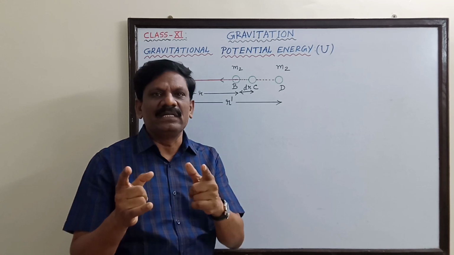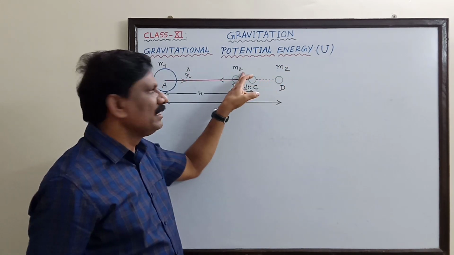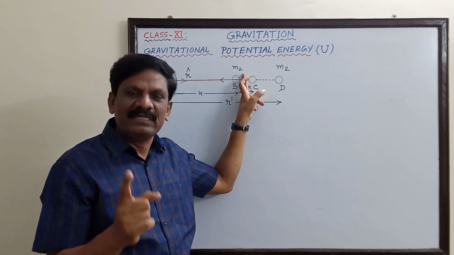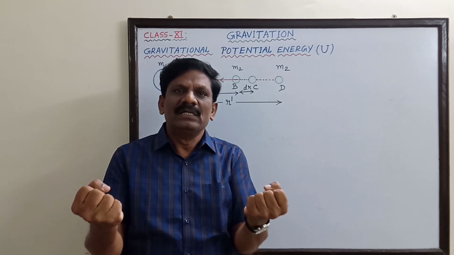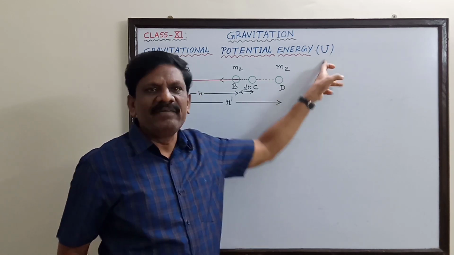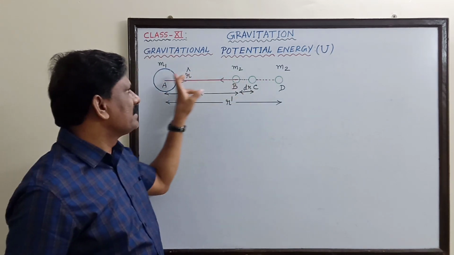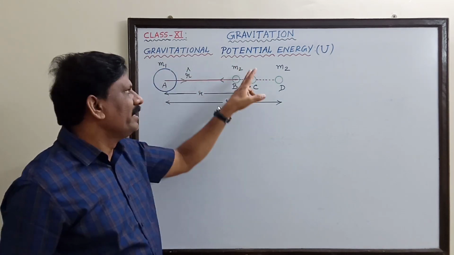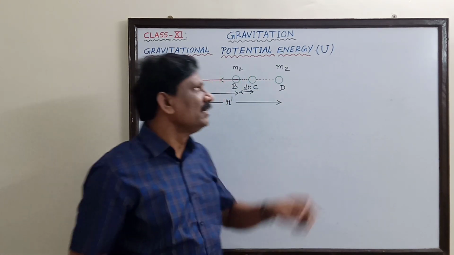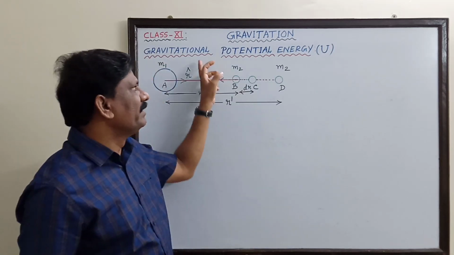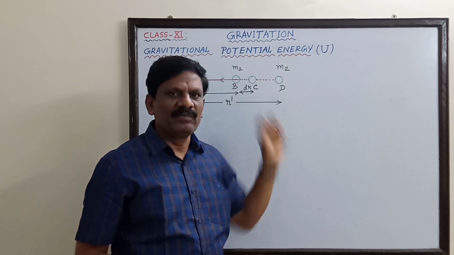Then we use the term gravitational potential energy of the test mass. Understand? If m1 and m2 are comparable or nearly equal, then U is called the gravitational potential energy of the system. If m1 is extremely large and m2 is very small, then U is called the gravitational potential energy of the test mass. Both you have to remember.